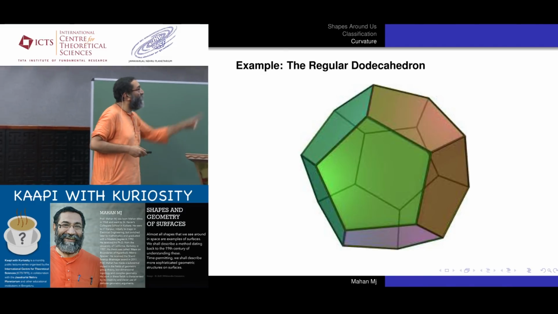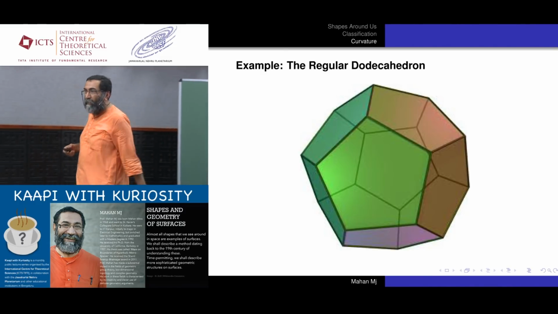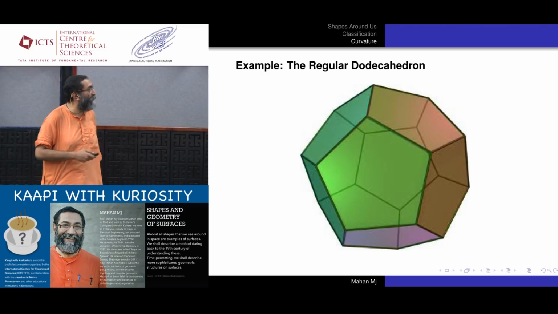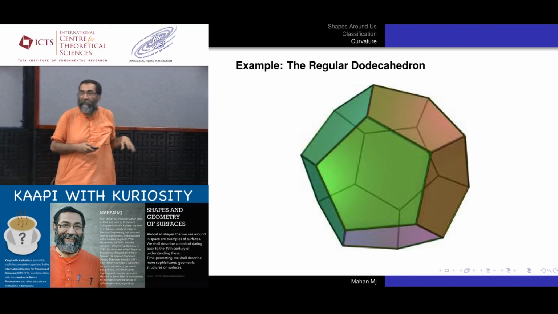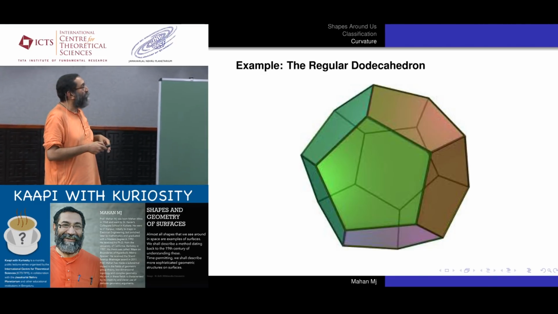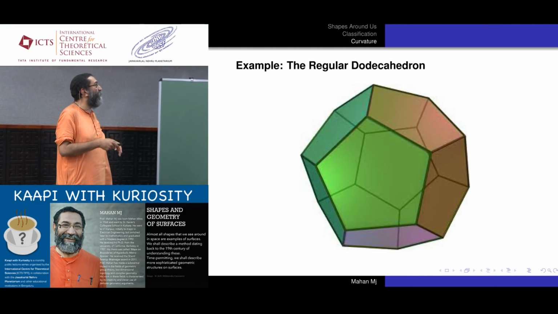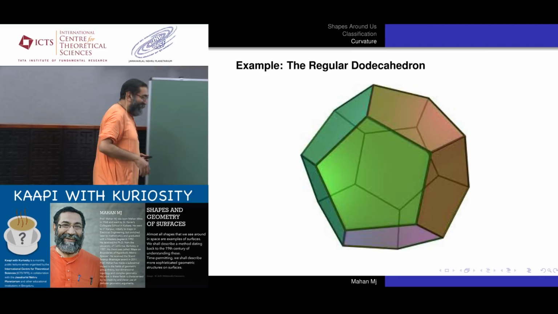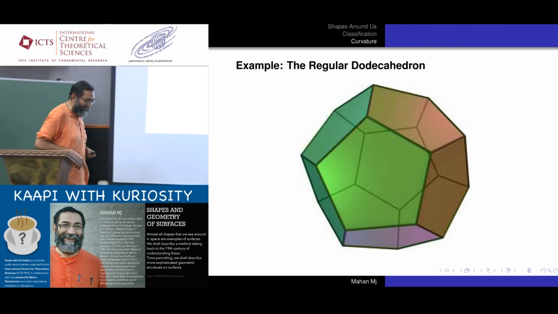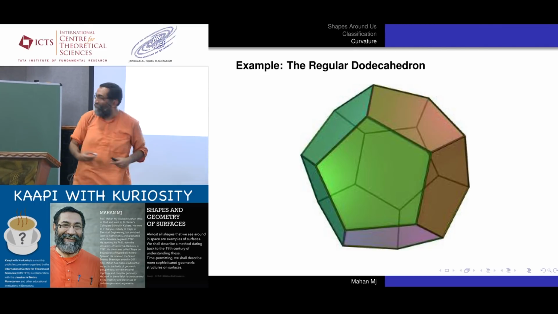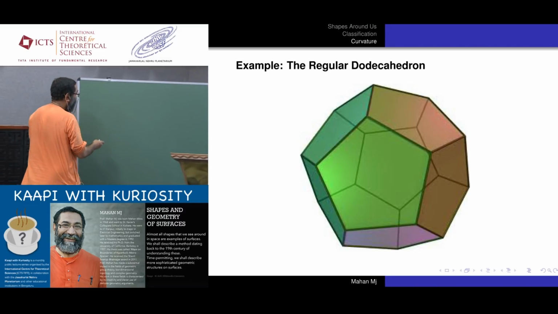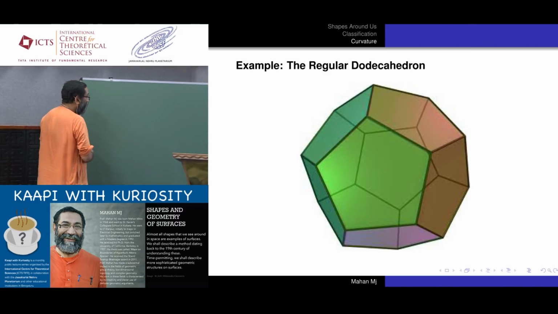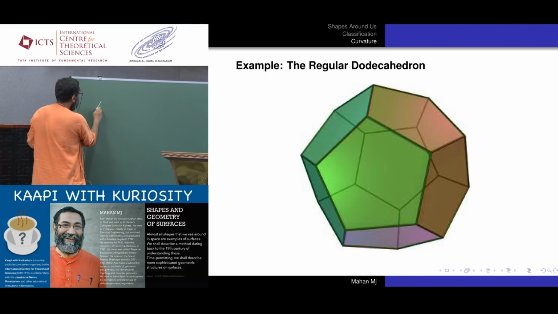Let's go back to this picture, the model that Drupad had, and try to compute the angles around the vertex. So how many faces does this have? This has 12 faces. Excellent. Here's a way of drawing this on the board.